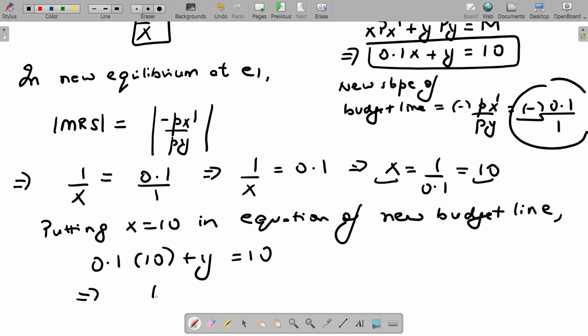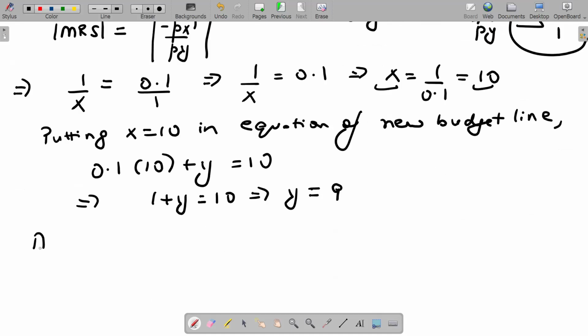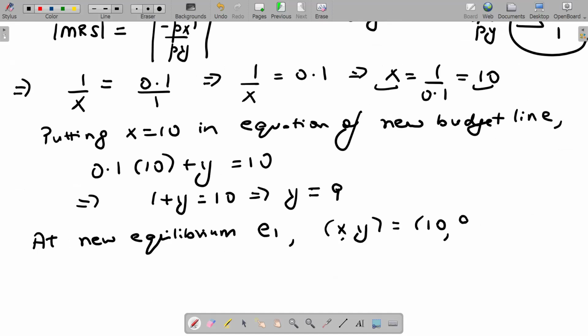So this means 1 plus y is equal to 10, which gives me y as 9. That means at the new equilibrium E1, the values of x and y are 10 and 9.